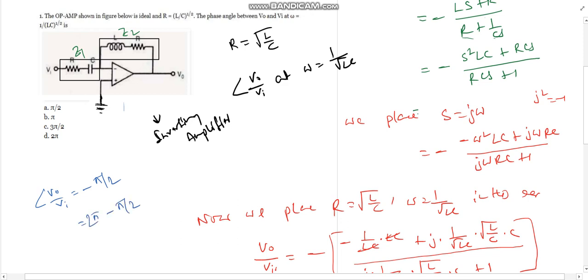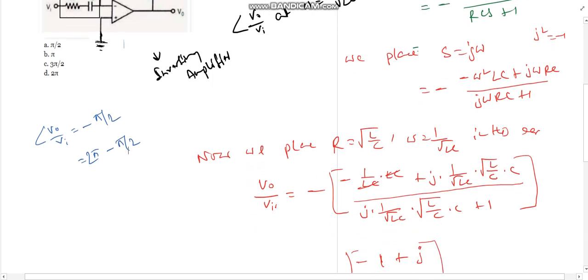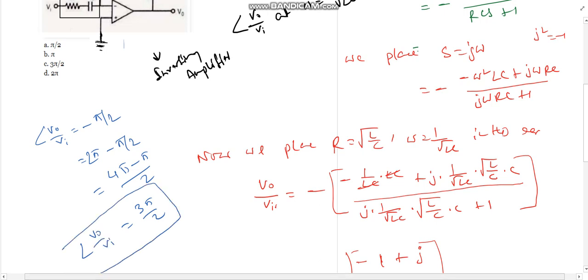If you subtract 2 pi from it, there will be no phase change. So it equals 3 pi by 2. The phase angle between V0 and Vi will be 3 pi by 2.